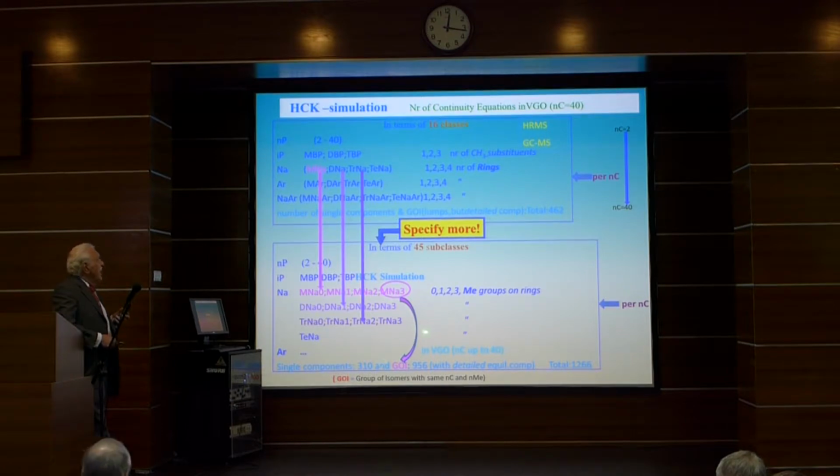And when I do that, instead of the 462 components that I have, I wind up with a total of 1,262 components that I have to define by the analysis so as to come to the reaction network that corresponds with that detailed approach.